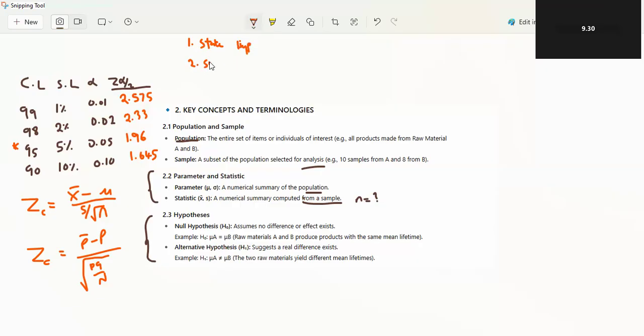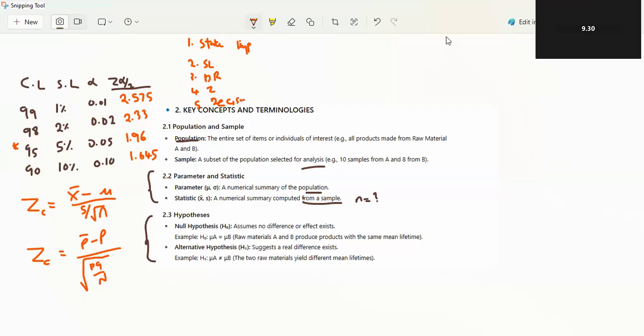Step three, you need to make your decision rule. Step four, you need to calculate the critical value of Z. Step five, you need to make the decision. So these are the 5 steps that you need to follow through a complete, comprehensive hypothesis testing.